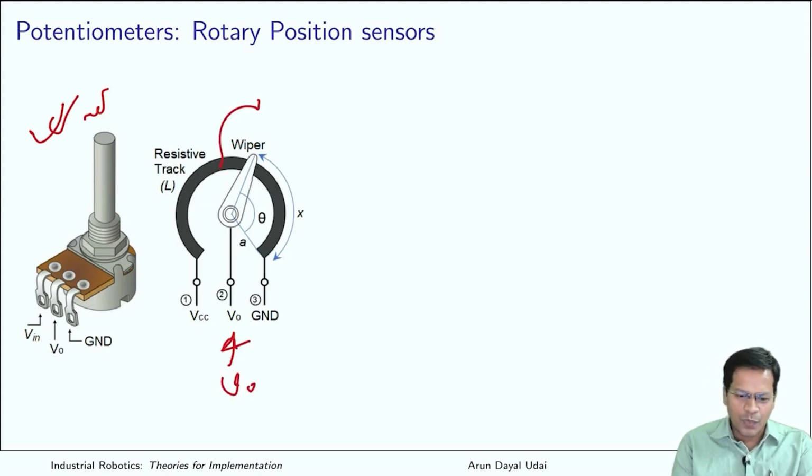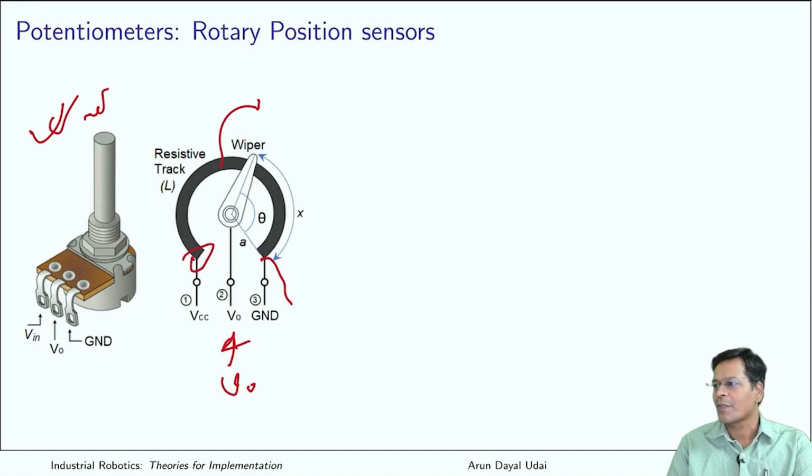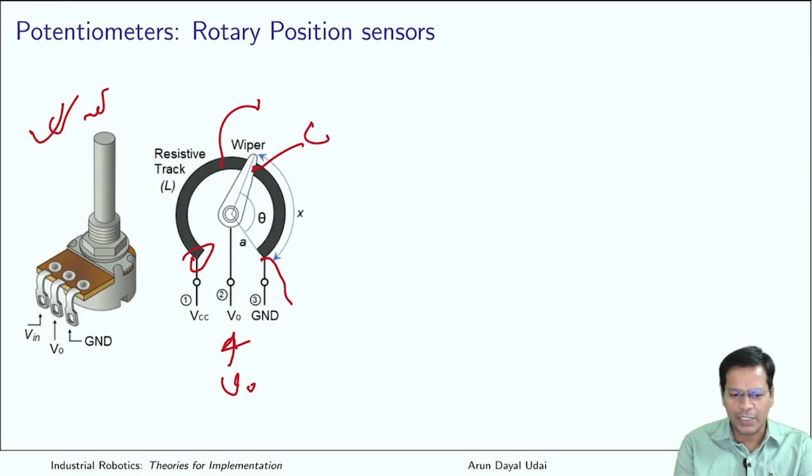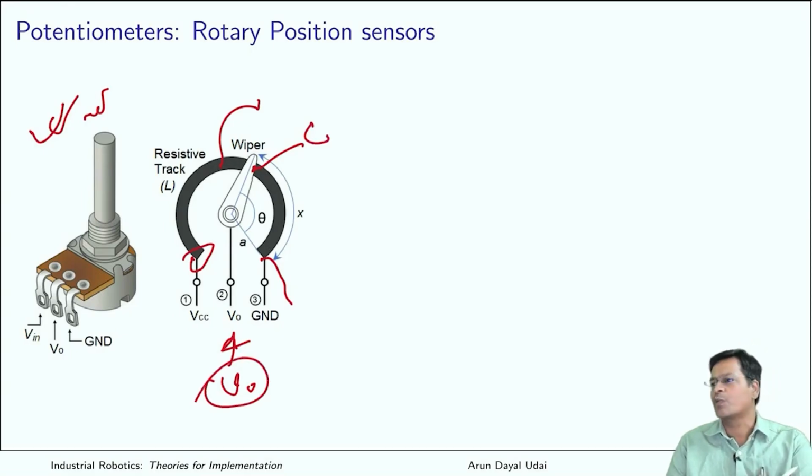Okay, one end of it you have voltage that is input here, the other end is connected to ground. And somewhere in between it is establishing contact, from where you are tapping in and taking the output voltage. So the system is almost the same, the only thing is your resistance strip is arranged in a circular way.